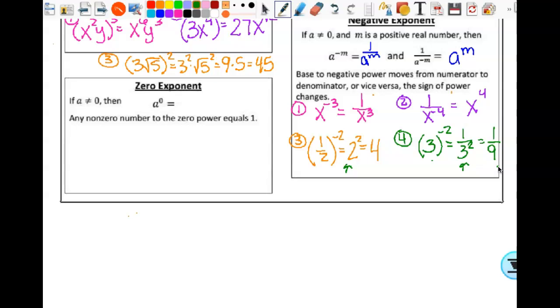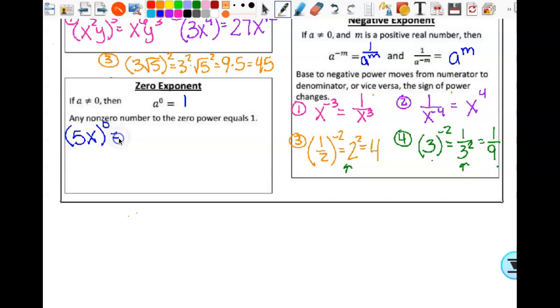All right. Then 0 exponent. A to the 0 power is what? 1. So if I have (5x) to the 0 power, like this, is my answer 5 or is it 1?